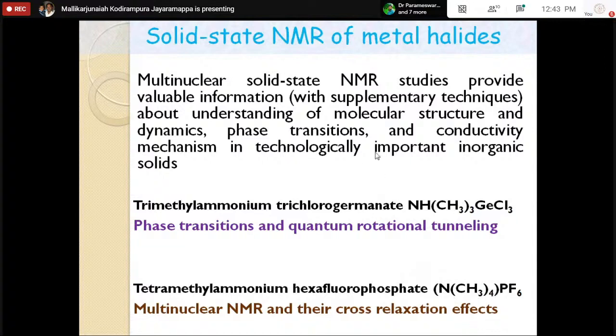The major intention here is multi-nuclear solid state NMR studies. They provide information about the molecular structure, dynamics, phase transitions occurring in the system, and how the conductivity mechanism is occurring in the system. All these things would enable us to fabricate new technologically important inorganic solids as the thrust area.